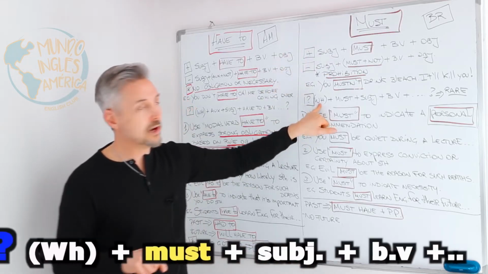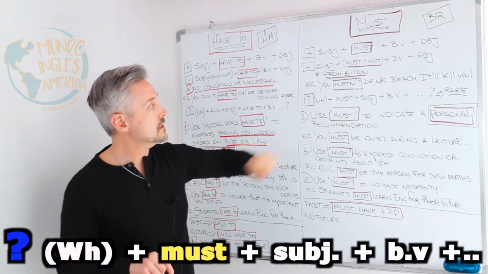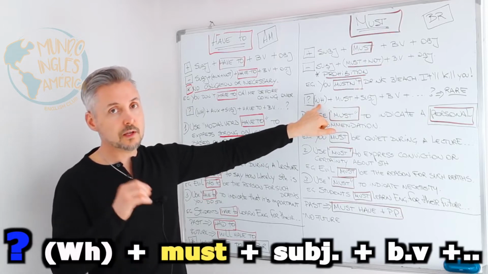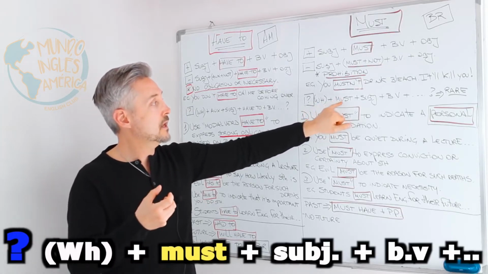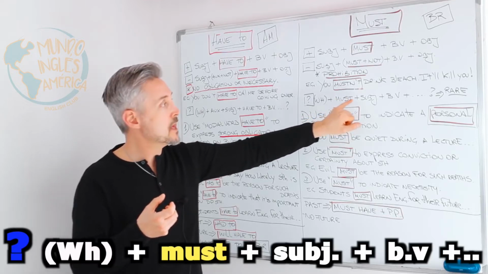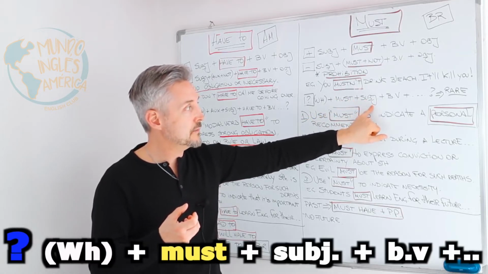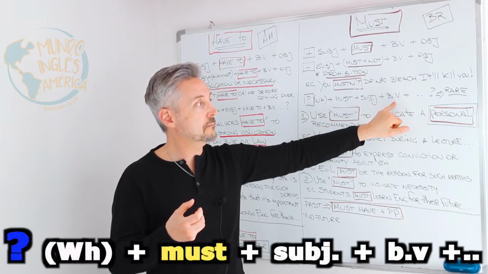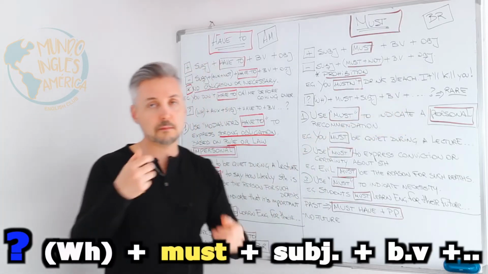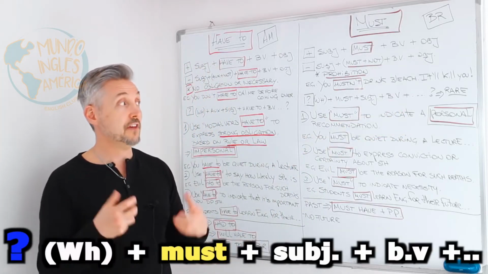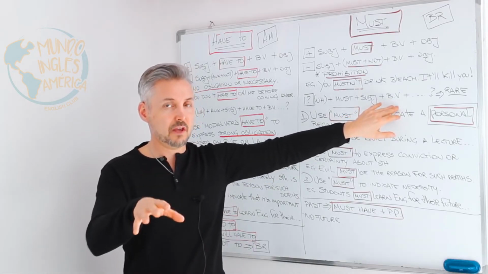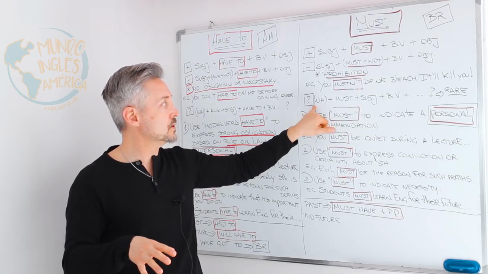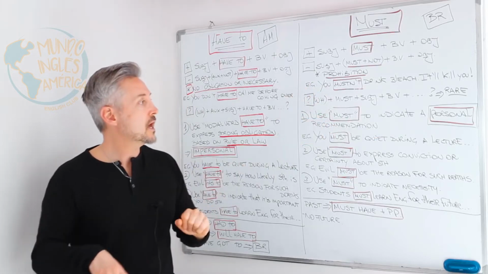For an interrogative sentence with must, you use a WH question word if you have one, then must, then the subject, then the base of the verb, and then the time expression or object, if any. This is very, very rare, okay? We usually don't use it in a question.